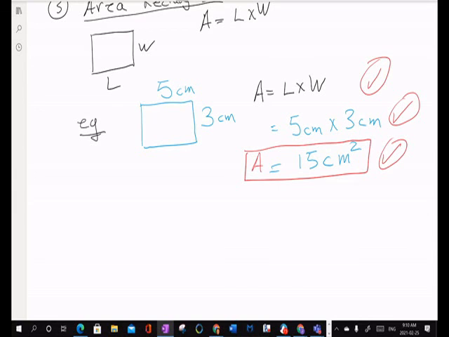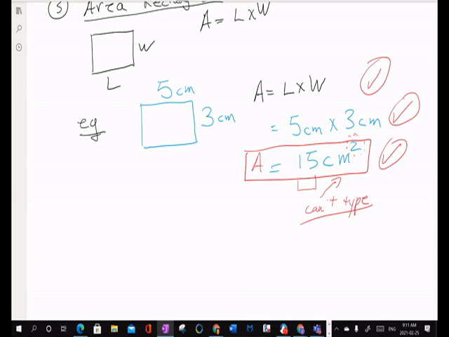All right, you'll notice that you can't type this on the computer. So when you do a quiz for me or something online, just give me the straight number. But if you were able to write it by hand, you would write centimeters squared for any area.